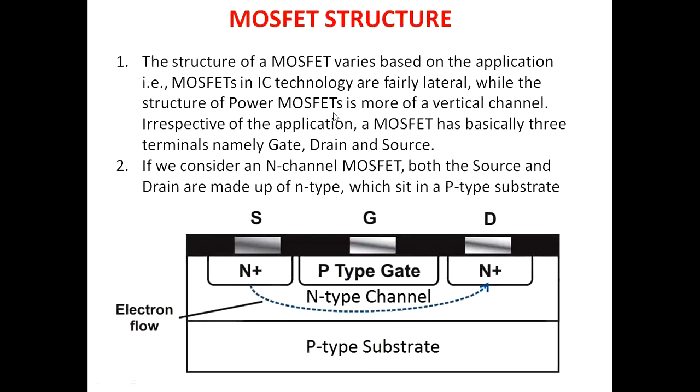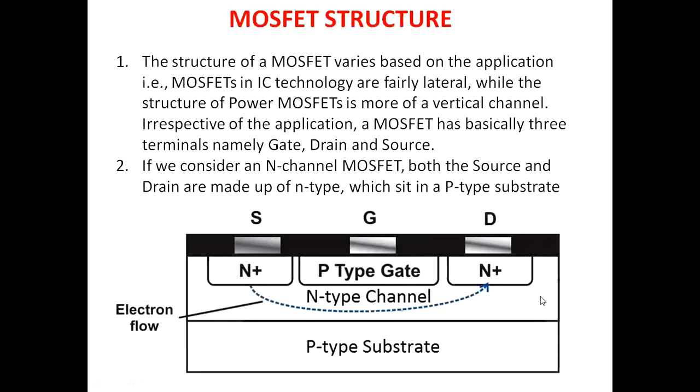When the MOSFET is used for power circuits, power MOSFETs are utilized, and you need huge current. Small currents are not useful, and for huge current there is more depletion. So the power MOSFET construction is different from the MOSFET used for IC construction. This is the main difference: lateral for ICs, while power MOSFETs have a vertical channel structure.